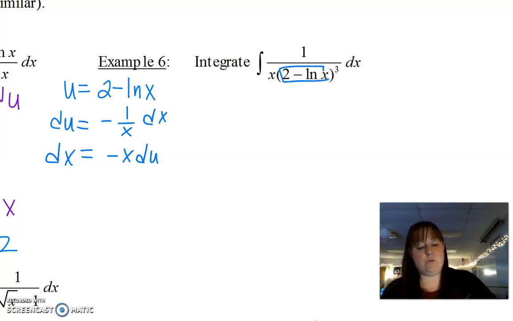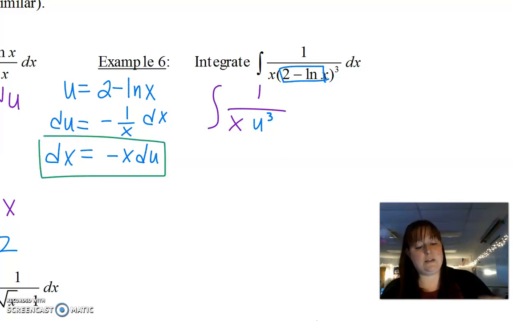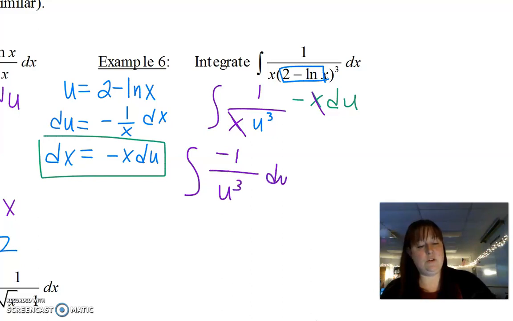So I have the integral of 1 over x times u cubed, and then everywhere there's a dx, I'm just going to replace it with my du. Okay, and then I notice that this x and that x cancel each other out, and I'm left with the integral of negative 1 over u cubed du.